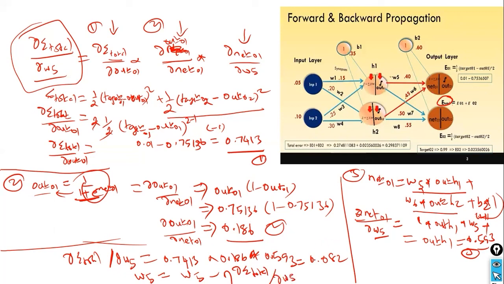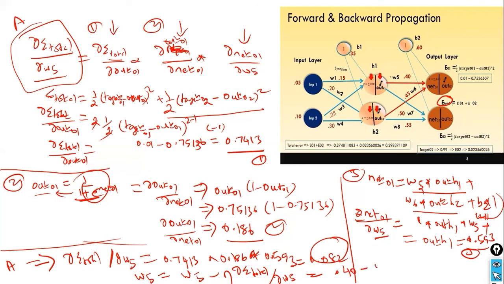For this, we got this value, right? All these three things put together, I say this is A. We got the value for A as 0.082. So here, when you update this, this is the first iteration. The previous weight is 0.40, minus the eta, which is something like your learning rate.